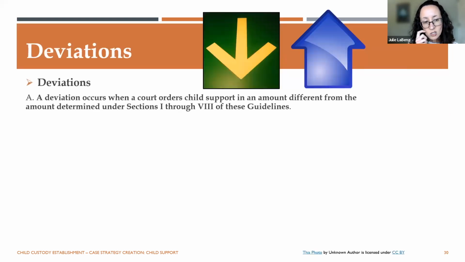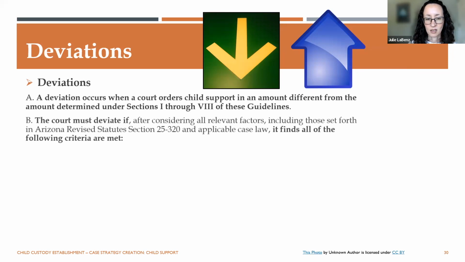So a deviation occurs when a court orders child support in an amount different from the amount determined under the guidelines. So you run your child support worksheet, you get a number, and you don't want to use that number. You want to use something different. That's when you can deviate up or down from the guideline amount. The court must deviate if it finds all of the following criteria are met.